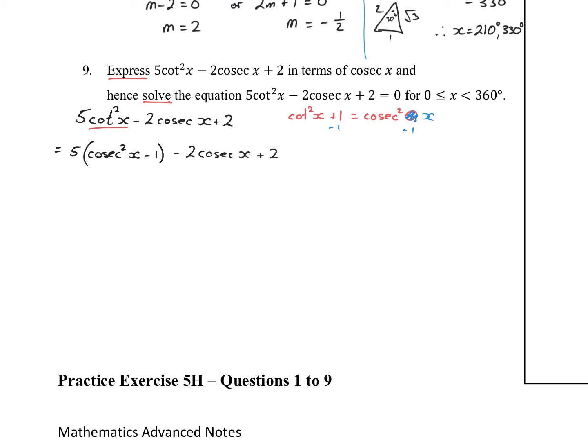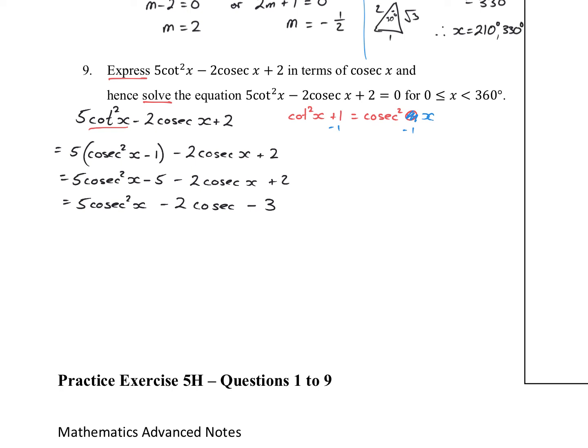Expand the brackets, because then we'll get 5 cosec squared x minus 5 minus 2 cosec x plus 2, and simplify. So 5 cosec squared x minus 2 cosec x minus 3, because negative 5 plus 2.